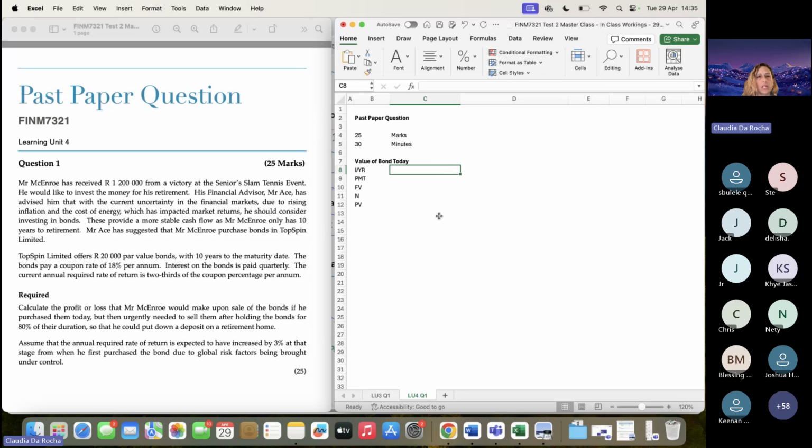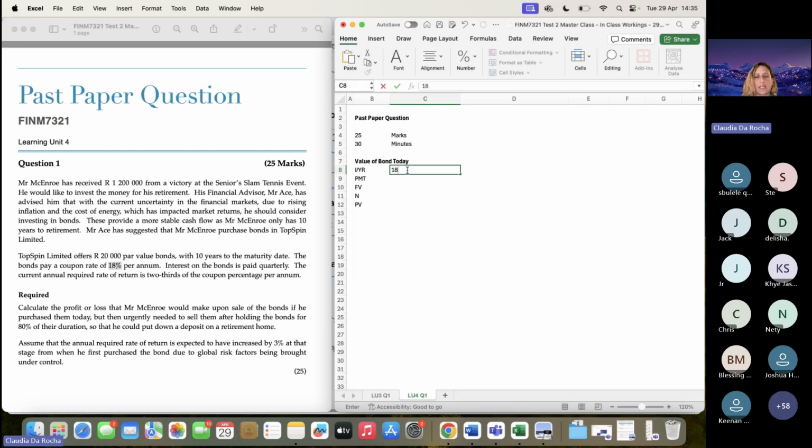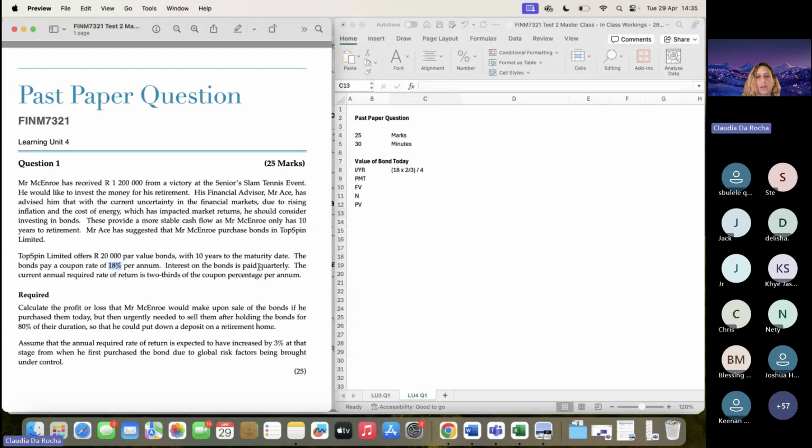The required rate of return, they said, is 2/3 of the coupon rate. So we know that it's 18, the coupon rate, because they said it here. There it is, the 18%. So it's 18 times 2 divided by 3, because 2/3. But then what we also need to do is we've also got to divide it by 4. Why? Because we have compounding. Okay, it's paid quarterly.